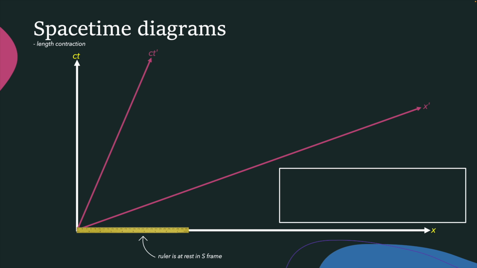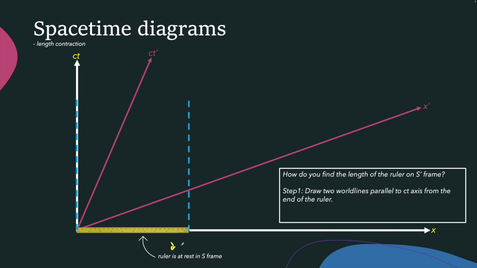Next, length contraction. So say a ruler is at rest in S frame, as you can see in the picture here. Now, how do you find the length of this ruler on S prime frame, which is moving with speed close to the speed of light? One thing we know is that it will see a length shorter than the actual length due to the relativistic effect. Step number one, you're going to draw two world lines parallel to the ct axis as shown in the figure.